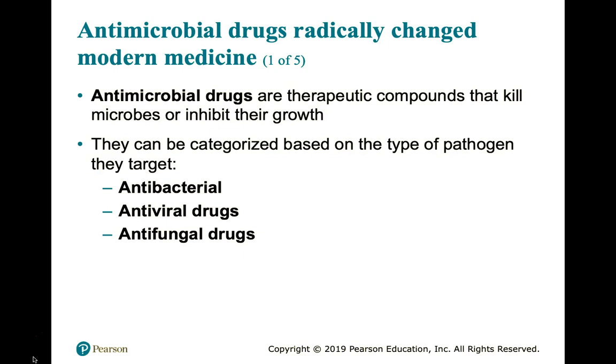Knowing that they can be killed or inhibited is really important, because in some cases you don't want to kill the pathogen, because then it makes the situation much, much, much worse. And I have a really good example of that in a few minutes.